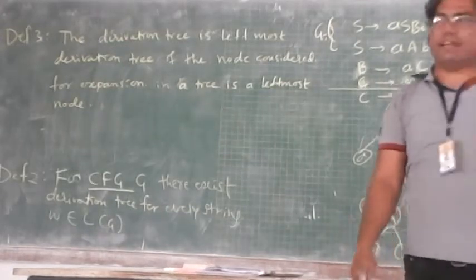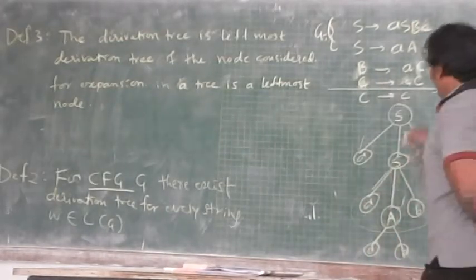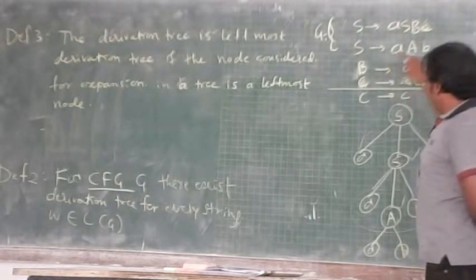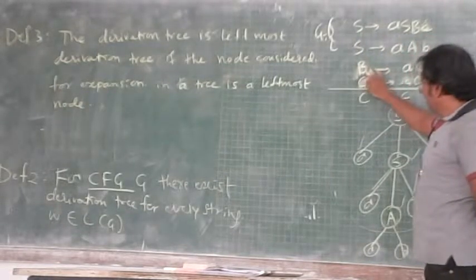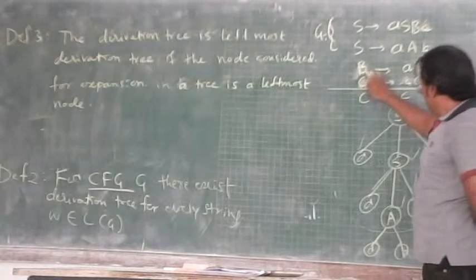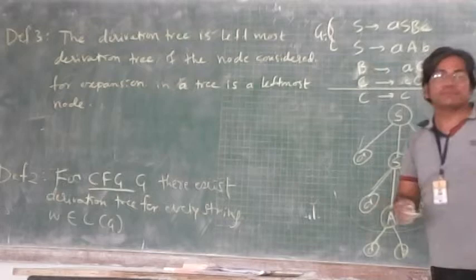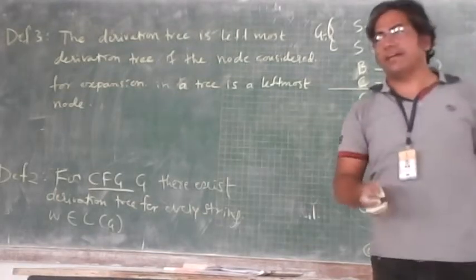This way, my grammar is like this. The productions are S implies ASBC, S implies AAB, B implies AC, C implies CC, and C implies C. This is my random grammar.